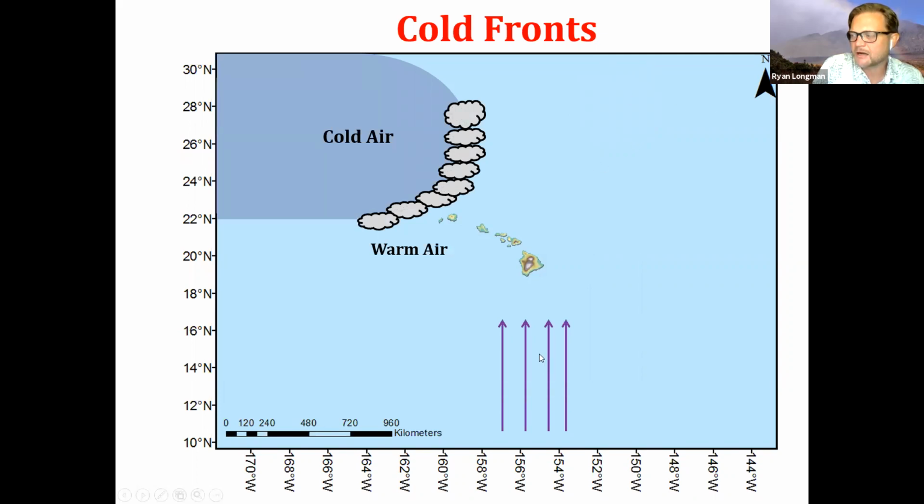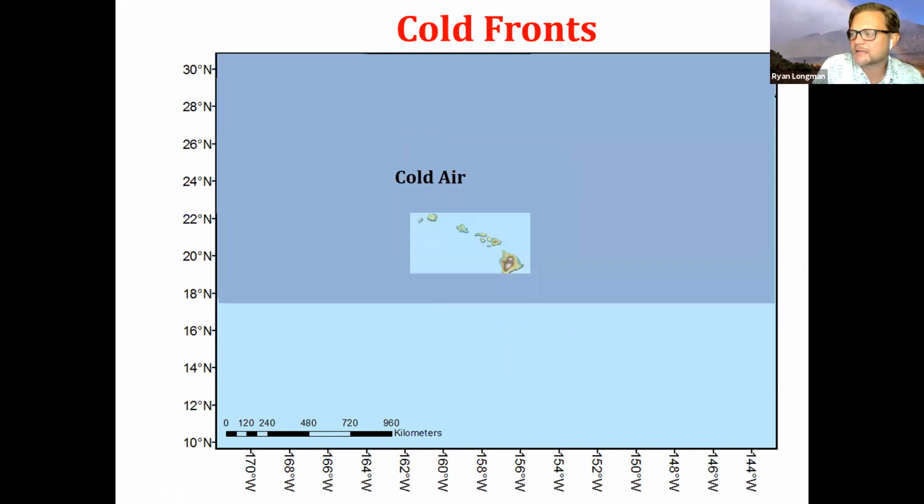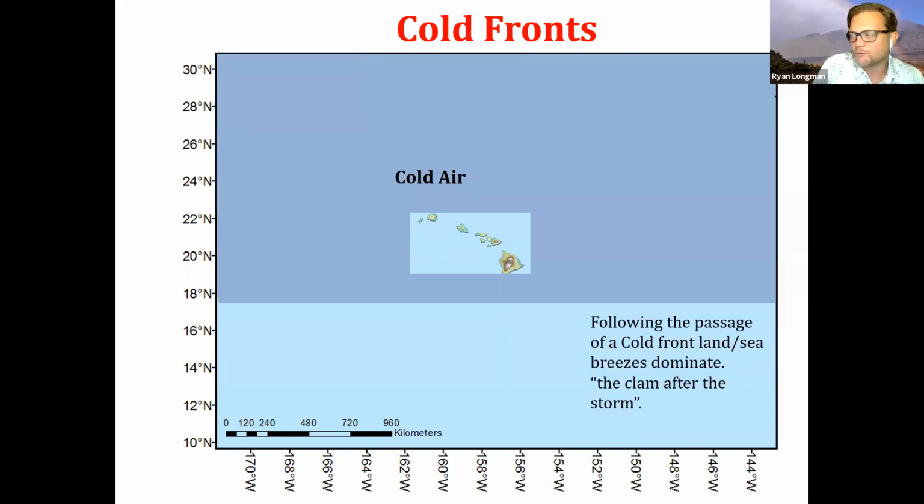It displaces the high pressure cell, and it brings air from the south. That's where we get these Kona winds, or the southern wind component. We also usually have a stillness before the cold air comes in, and after the cold air comes in, we also have a stillness. This is the calm before and the calm after the storm, right? So again, the high pressure cell is displaced.